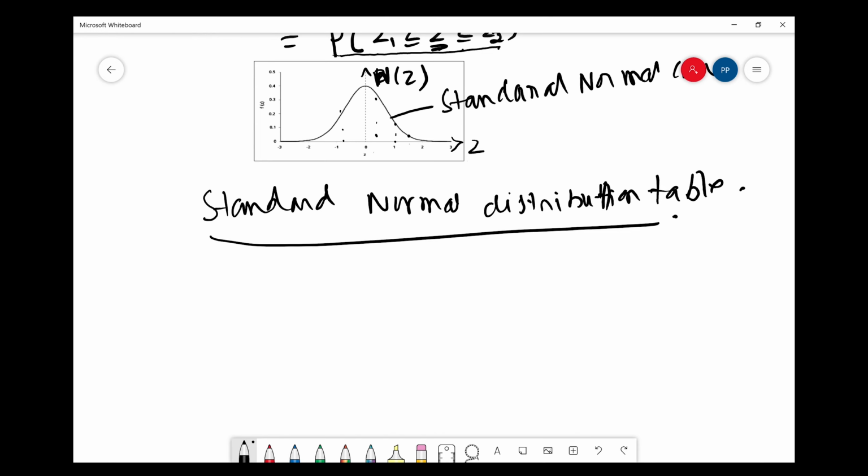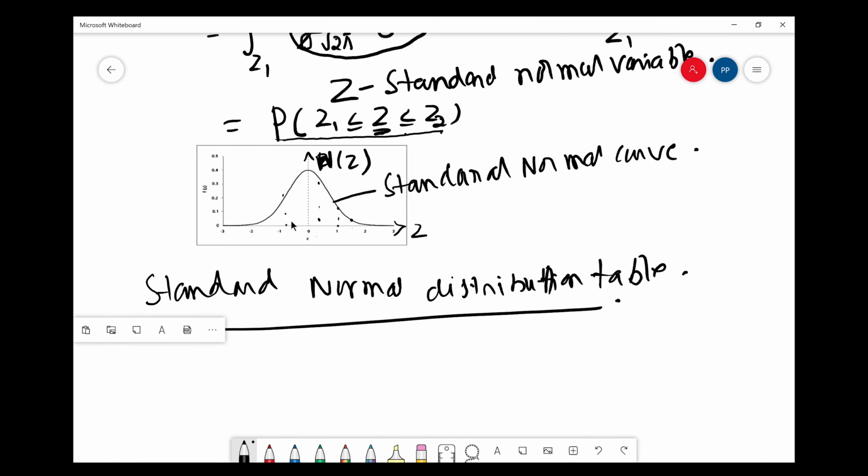Now, let us find the relation between this integral, which is the probability over the interval z1 to z2, and the values given in the standard normal distribution table.